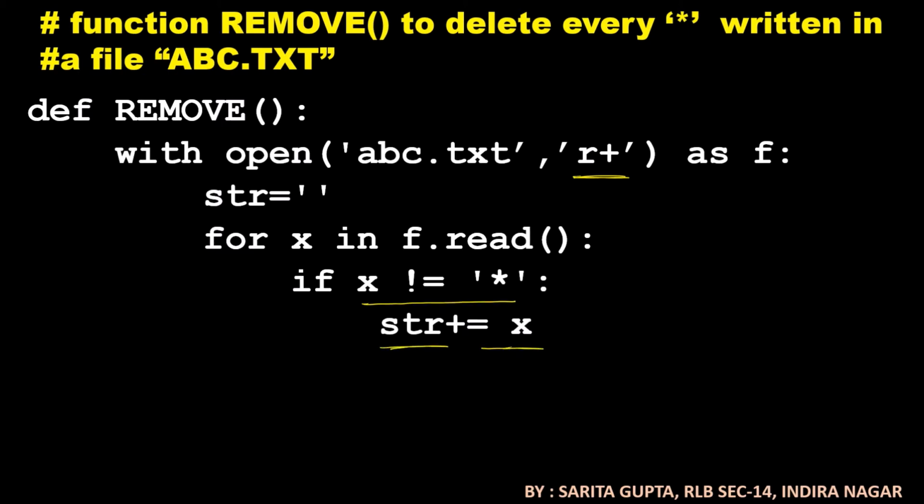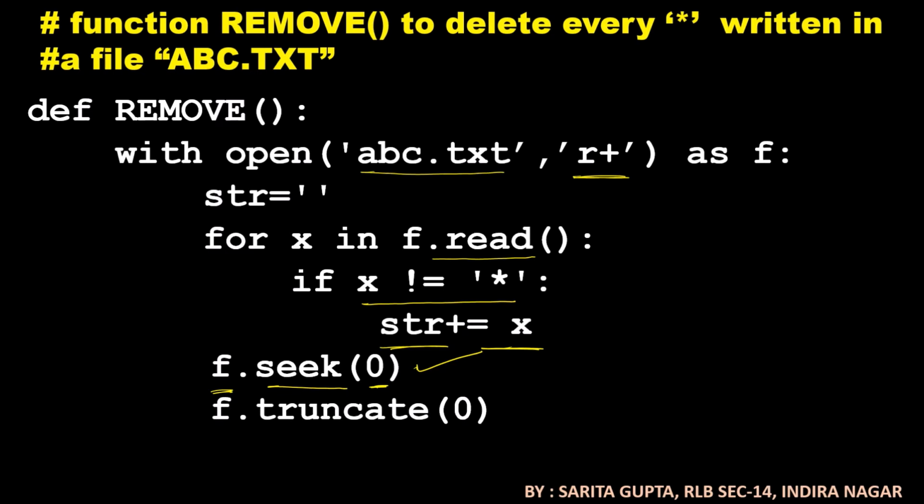Then we'll write the value of str onto the same file abc.txt. Now, since after reading all characters, the file pointer is currently positioned at the end of the file, before writing the value of str, we'll place the file pointer to the beginning of the file using the seek method as f.seek(0), 0 meaning the first byte of the file.